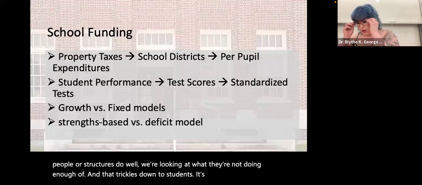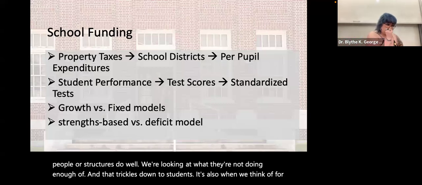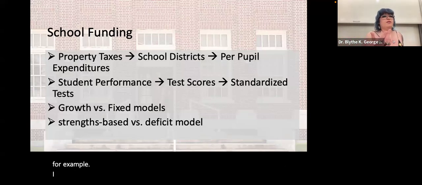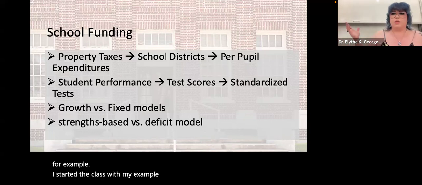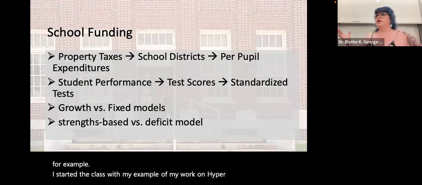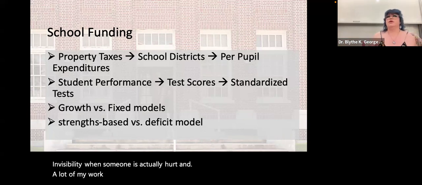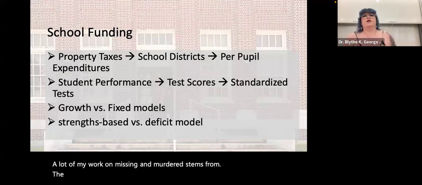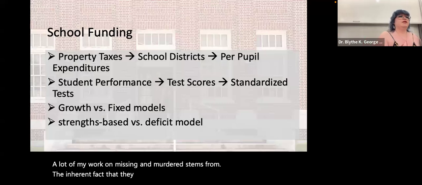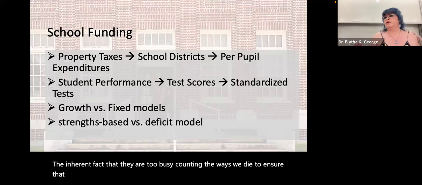It's also when we think of, for example, I started the class with my example of my work on hypersurveillance versus invisibility when someone is actually hurt. And a lot of my work on missing and murdered stems from the inherent fact that they are too busy counting the ways we die to ensure that we live.